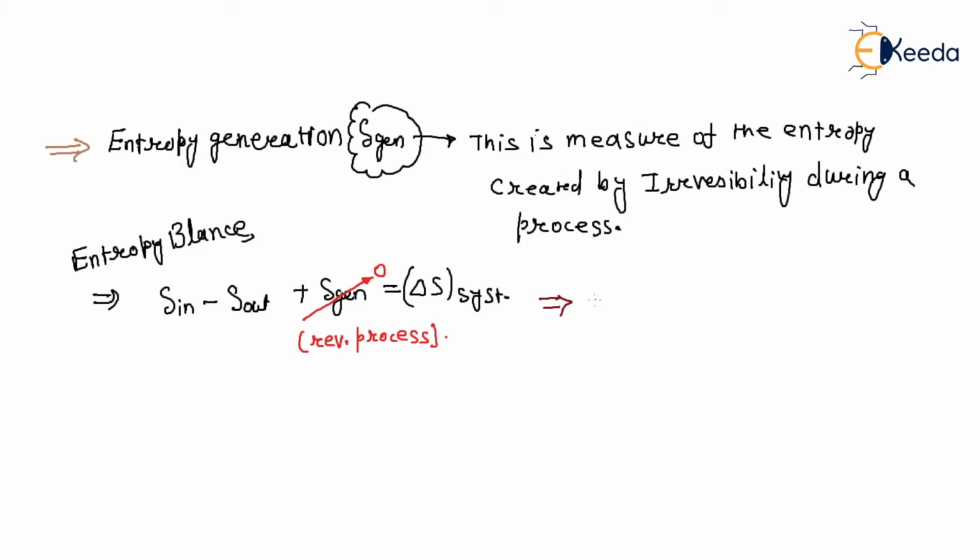So what is this? Delta S of the system is what? S in minus S out. That means it is exactly equal to the transfer.